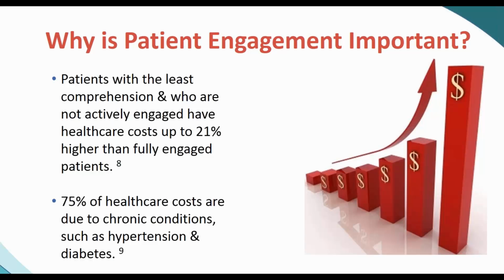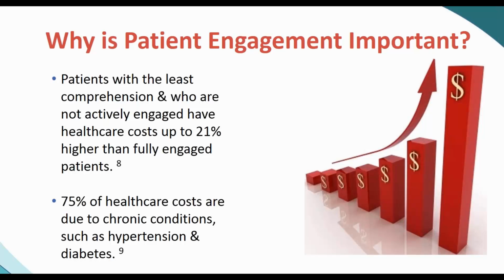Now, we all know that sicker patients have higher costs, but patients who have the least comprehension, those that don't have health literacy and aren't actively engaged, have 21% higher healthcare costs than those patients that are fully engaged.